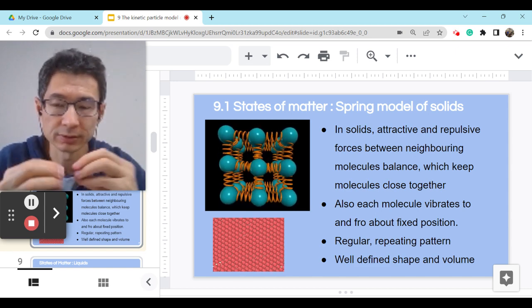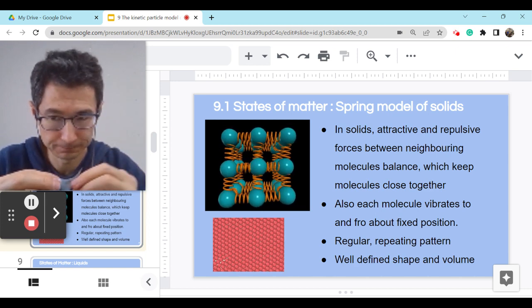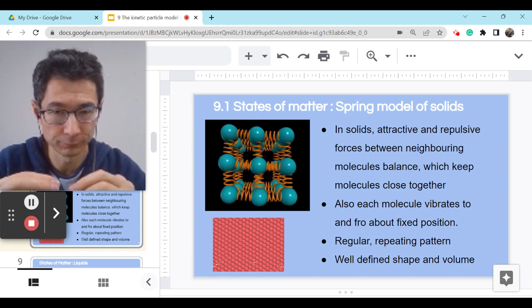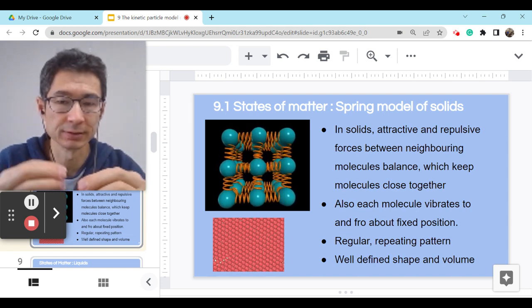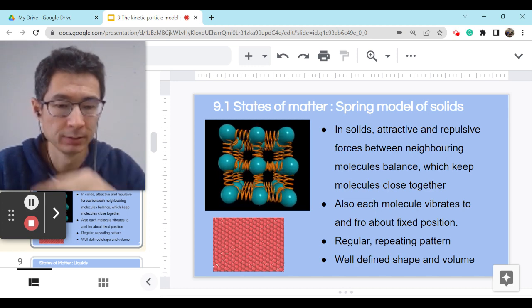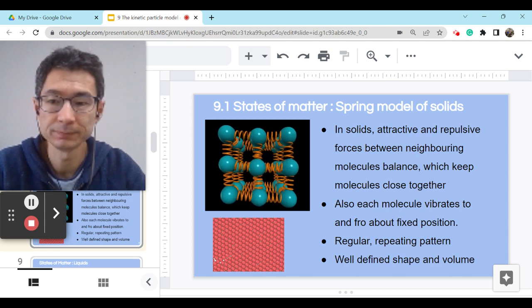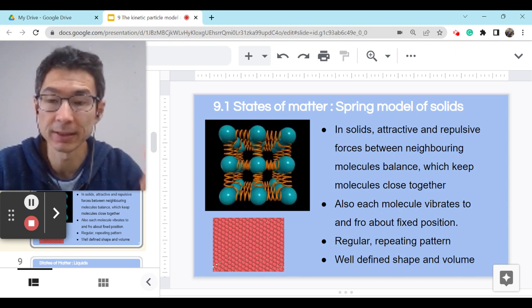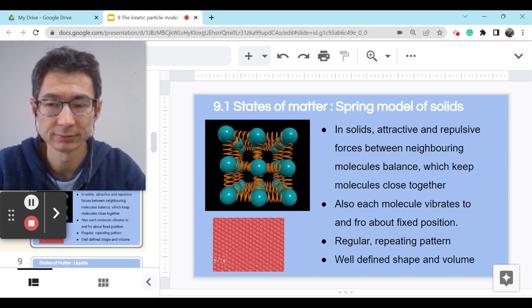But they are all in constant vibration, a forward and backward fixed motion. Each molecule vibrates to and fro about a fixed position. They have a regular and repeating pattern, which is called a crystal.